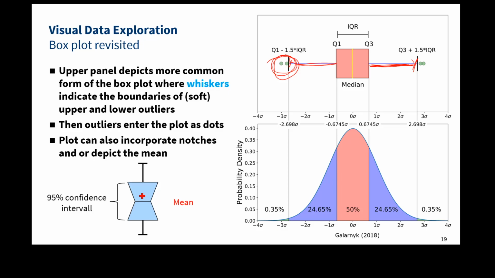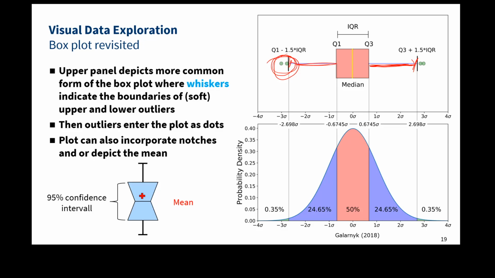On the left hand side, I'm showing you yet another type of box plot. Here we have notches, as they are called. The notches are meant to create a confidence interval around the median. So the 95% confidence interval around the median is highlighted by these notches.